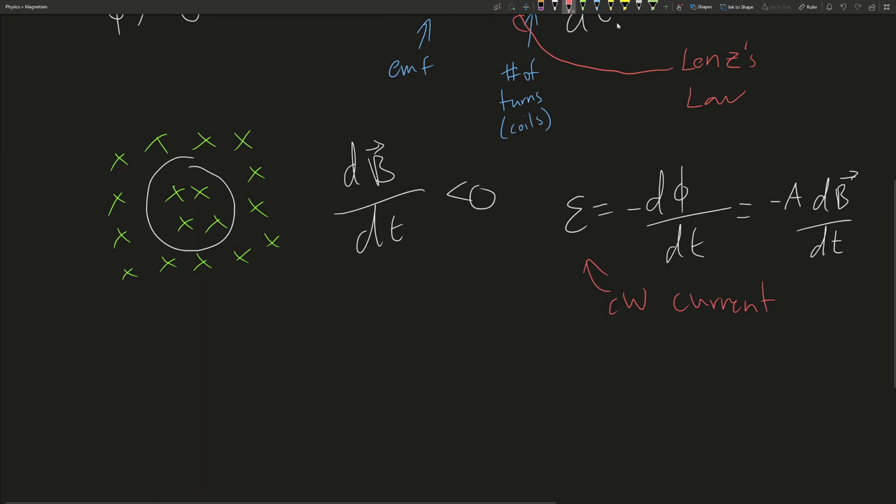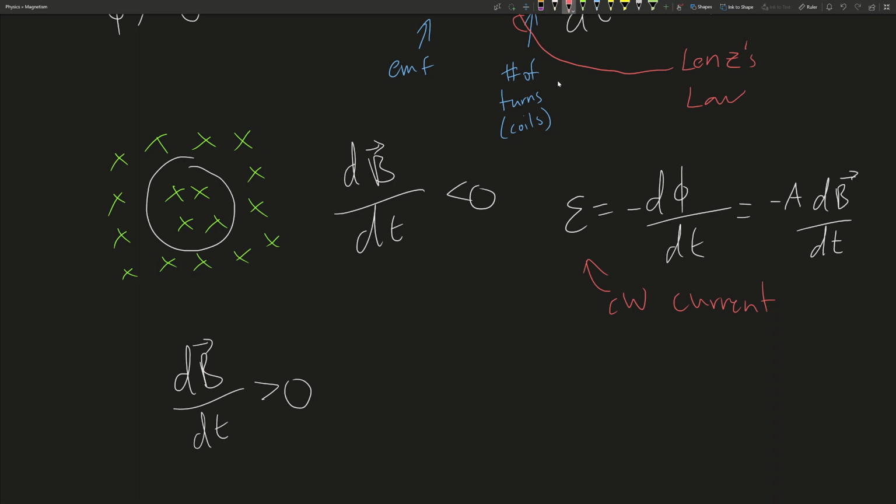Now, what happens if this change in magnetic field strength over time is greater than 0, meaning that the magnetic field is increasing over time in strength? Well, then we still have this equation that works, and so we know that an EMF must be induced.